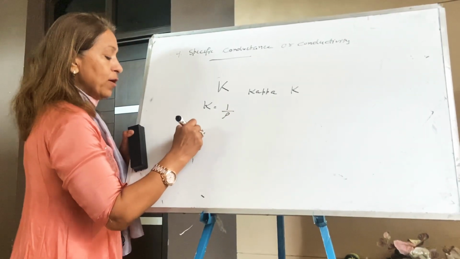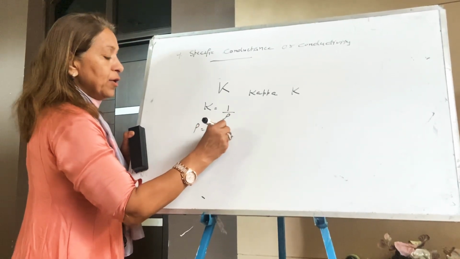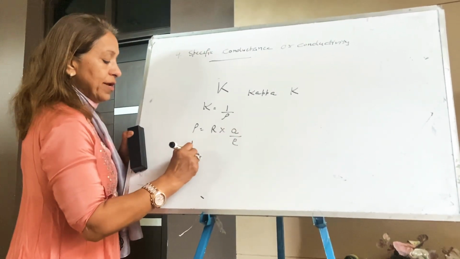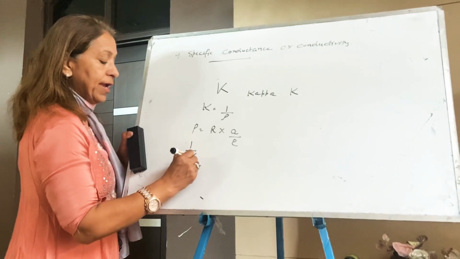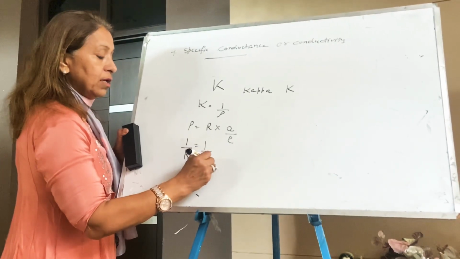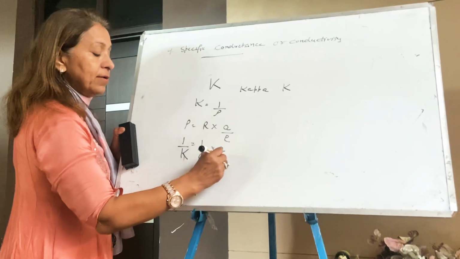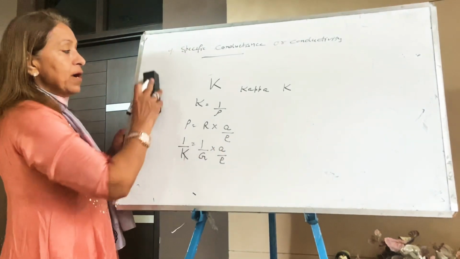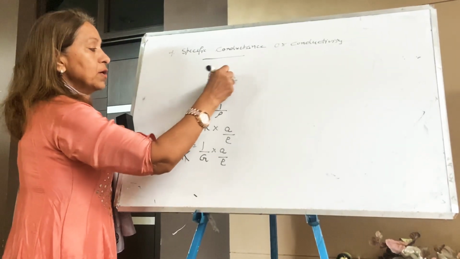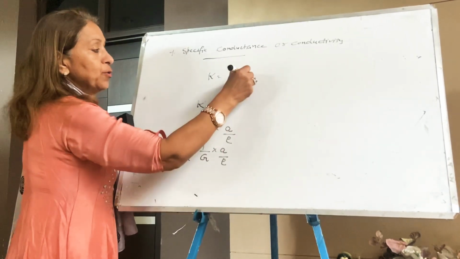Rho is equal to R into A by L, so its reciprocal, conductivity kappa, is equal to 1 by R into L by A, that is, K is equal to G into L by A.